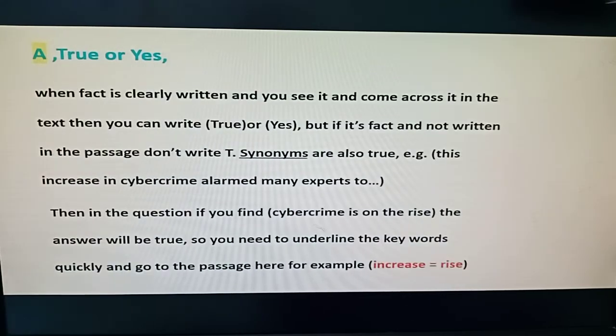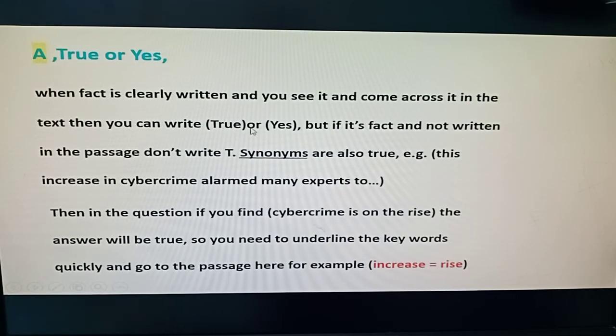Okay, true or yes. The first type, for example, I'm going to talk about true, false, not given in details one by one. The first one is true or yes. So when to write true? When the fact is clearly written and you see it and come across it in the text, then you can write true.